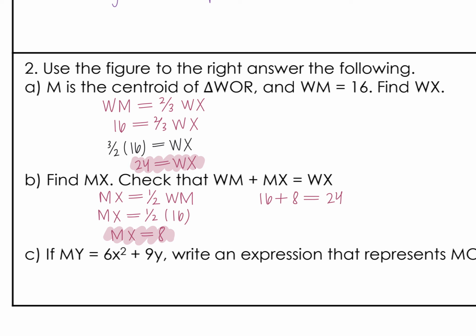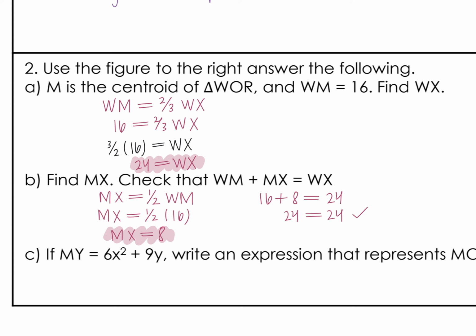So 16 plus that 8 gives me 24, which is equal to 24. Therefore, we have checked and proved that they will add up to give us that 24 that we got for the whole.